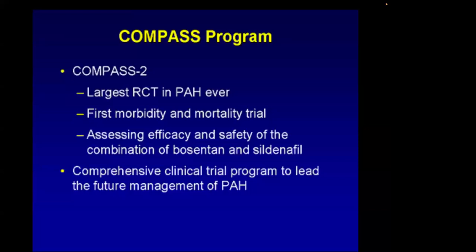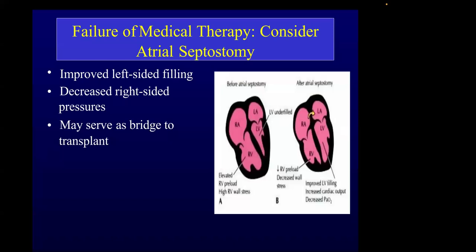And the COMPASS program, the largest randomized controlled trial in PH ever, the first morbidity and mortality trial assessing the efficacy and safety of the combination of bosentan and sildenafil, a comprehensive clinical trial program to lead the future management of PH. In failure of medical therapy, consider atrial septostomy, which improves left-sided filling and decreases right-sided pressure and may serve as a bridge to transplant.